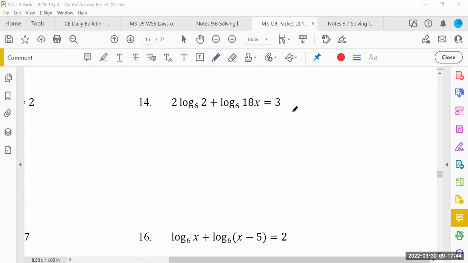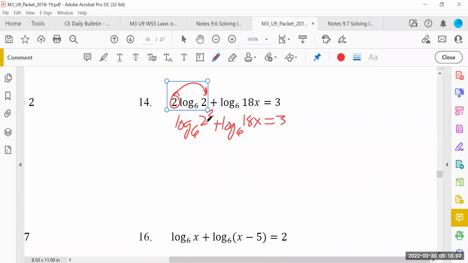So number 14, take the 2, make it your exponent, log base 6 of 2 squared plus log base 6 of 18x equals 3. Is everybody good with the 2 squared right here? 2 squared is 4. So this is really 4 times 18x inside our log base 6 equal to 3.